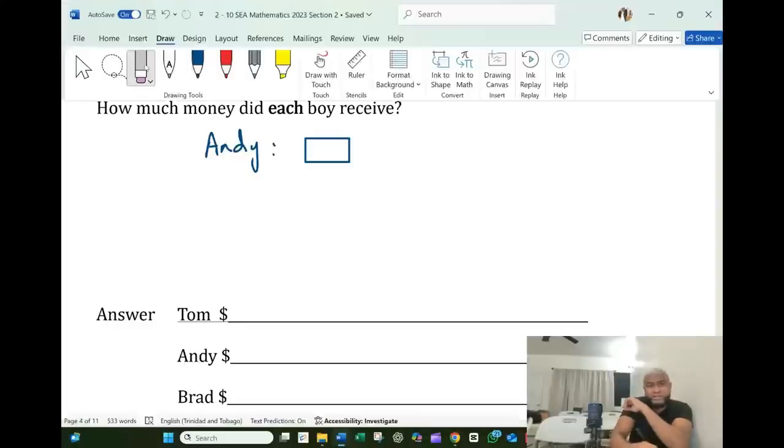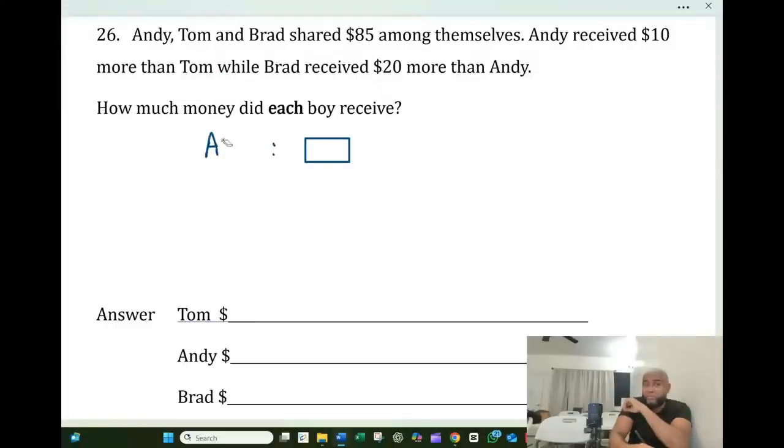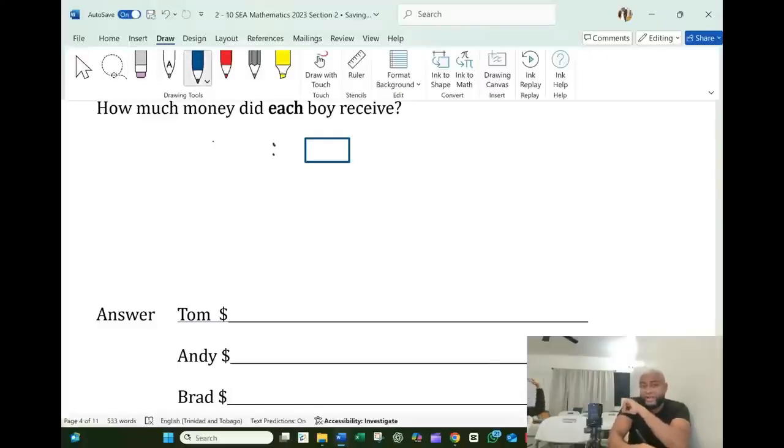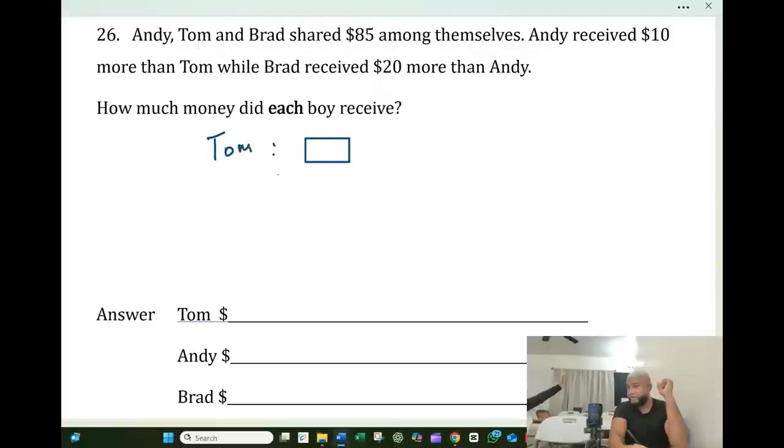Andy received $10 more than Tom, while Brad received $20 more than Andy. So Andy received $10 more. This is Tom. Now, Andy would be box plus 10. Everybody good there?